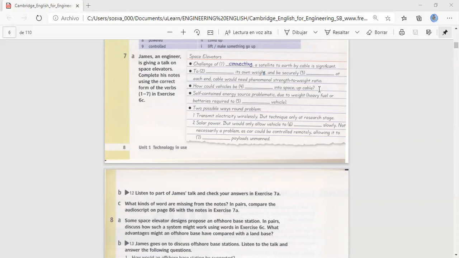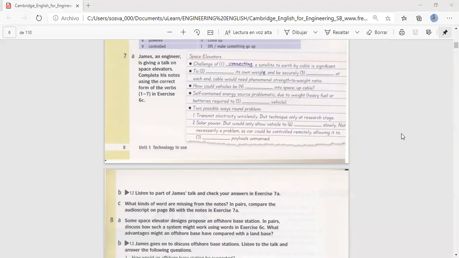1.2. The engineering challenge of connecting a satellite to Earth using a cable is obviously significant. In order to support its own weight and be securely attached at each end, the cable would require a phenomenal strength-to-weight ratio. Carbon nanotube materials might one day be up to the job, and I'll talk about those in detail later on. How could vehicles be raised into space up the cable?